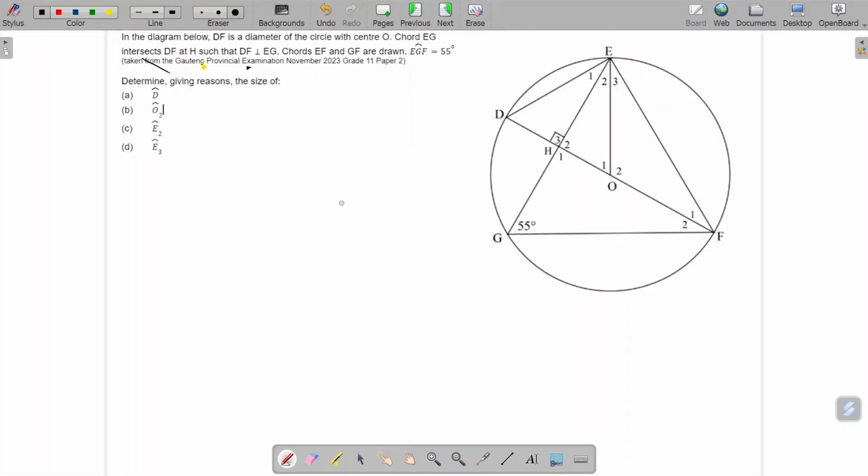Okay, so I've been given 3 key pieces of information, and those 3 key pieces of information are that we have the diameter, we have 2 chords that intersect at right angles, and that angle G is 55 degrees. So let's go and look where angle D is. For me, angle D is sitting over here. There is G, and there is D.